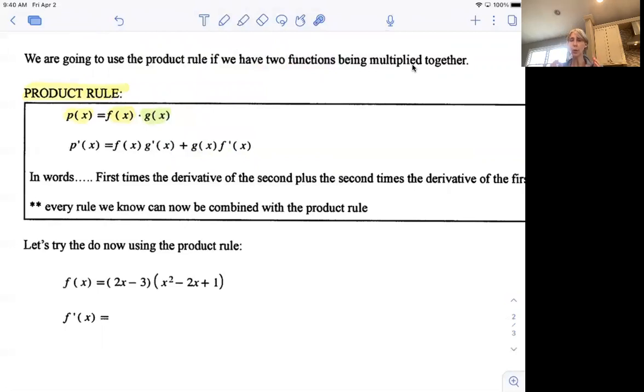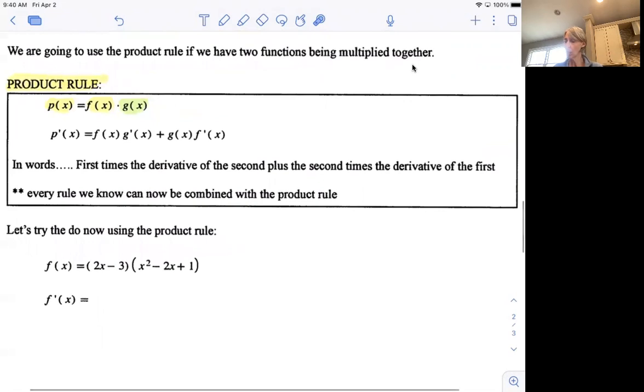Now remember, I could derive this rule using the definition of the derivative, but it's very, very complicated. So we're just going to say, memorize this rule. The easiest way to memorize this is in words.